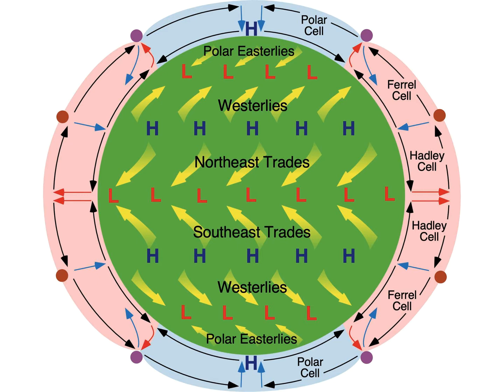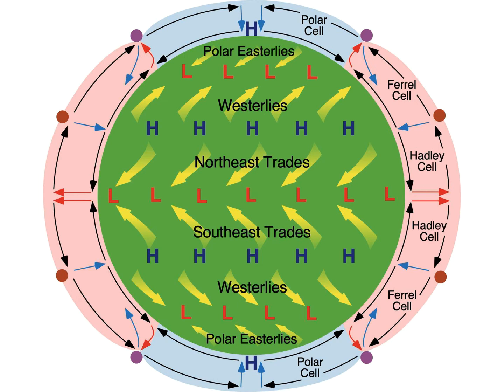The dominant pressure patterns here are at the equator, the intertropical convergence zone, a band of low pressure systems. At 30 degrees north and 30 degrees south, the subtropical high pressure system, and at roughly 60 degrees north and south, the polar lows, or mid-latitude cyclones, is what they actually are.